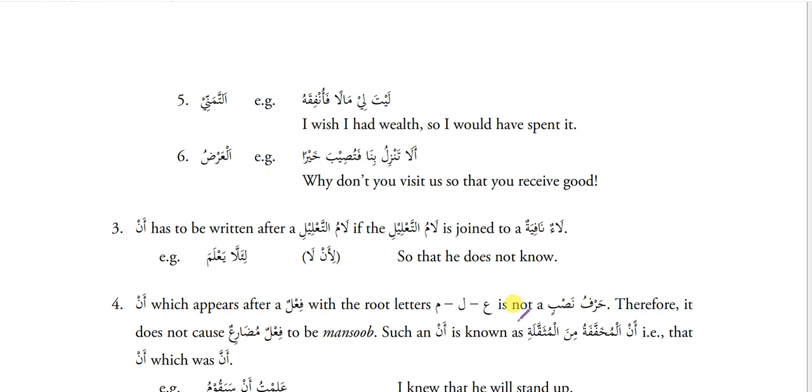So here ala tanzilu is actually not telling us that you should not visit us. This type of sentence is generally used to say why don't you visit us. So here this sentence is not denying the information, rather it's just simply requesting the second person to visit.